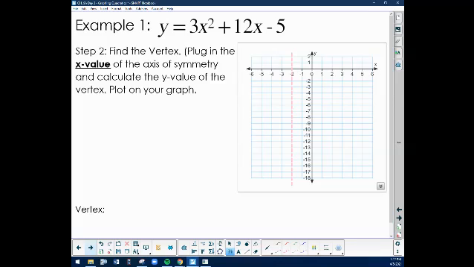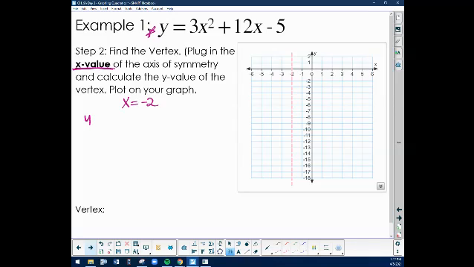So what I have to do is plug in the x value of the axis of symmetry and calculate the y value of the vertex. It's a little tricky. Remember from the last slide, we got x equals negative 2. I'm going to plug negative 2 into my original equation for x and solve for y.